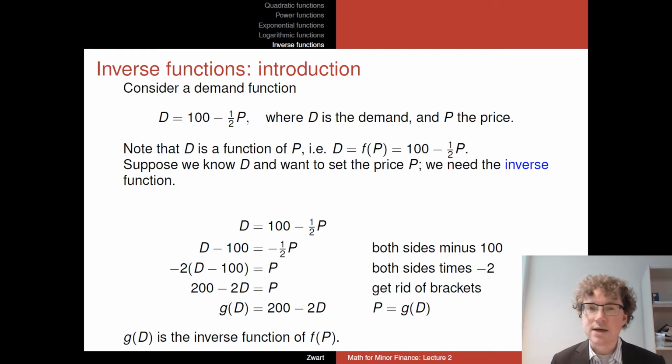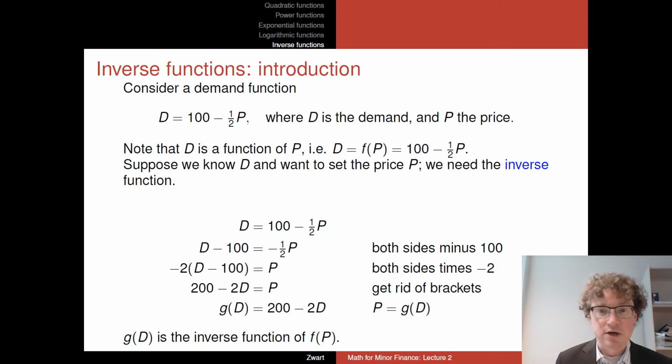So how would we study that? Well, let's have a look here. If we know that D equals 100 minus a half times the price, we want to figure out what the price is. So let's try to isolate P rather than D. Can we bring P to the left-hand side and have some expression in terms of demand, D, on the right-hand side?